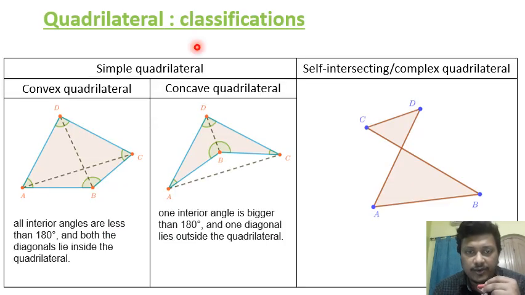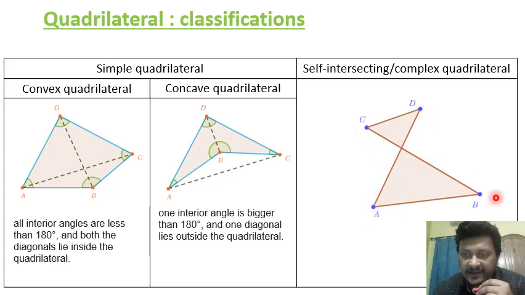Depending on whether the non-adjacent sides intersect or not, a quadrilateral can be classified into two classes, complex or self-intersecting quadrilateral and simple quadrilateral. In a self-intersecting quadrilateral, the non-adjacent sides intersect with each other.